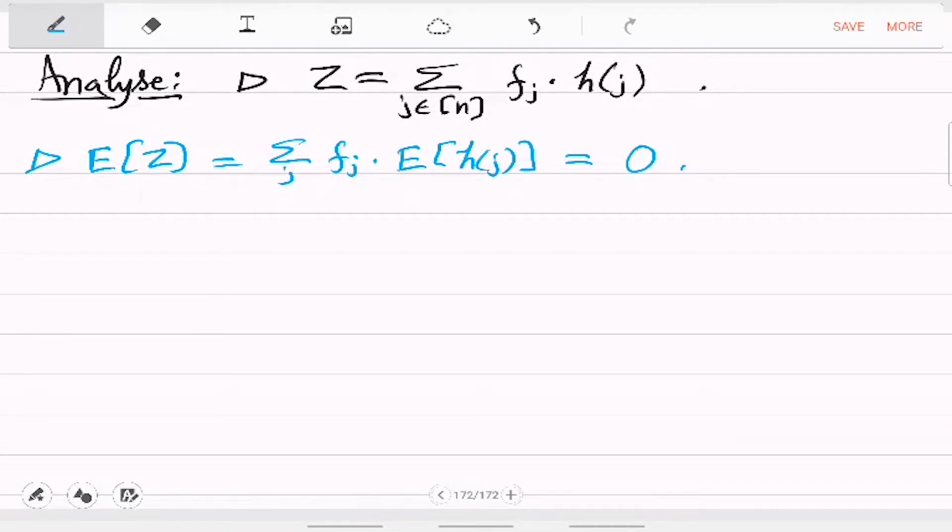So Y, can you say the same thing about Y? Is Y also expected to be 0? Well, not quite. So that is what you will now see. It's a different game altogether. So the expectation of Y is the expectation of Z squared, so sigma Fj Hj, squared.